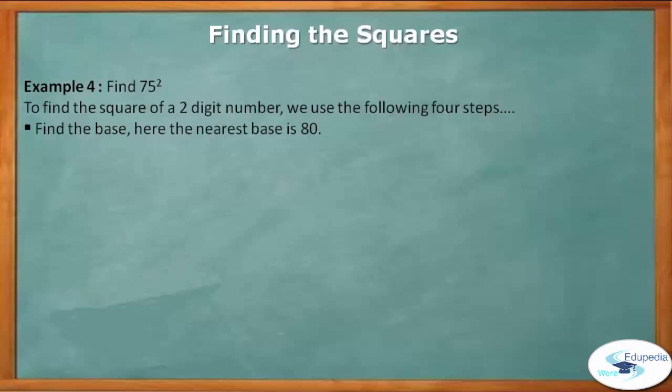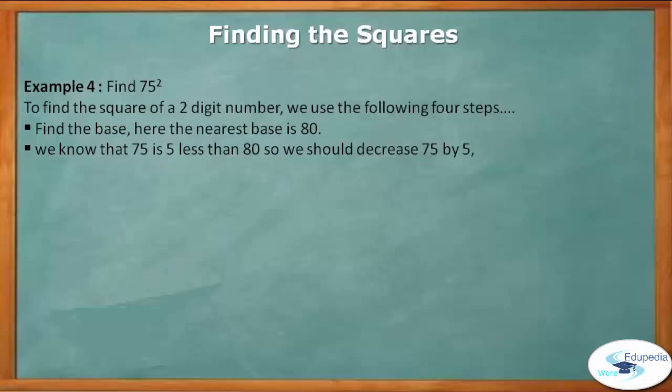After that, moving further to step number 2, we have to find how much this number 75 is less than the base. If you see here, the number 75 is 5 less than the base 80. Therefore we have to decrease the 75 by 5. So 75 minus 5 you will get 70 as the answer.